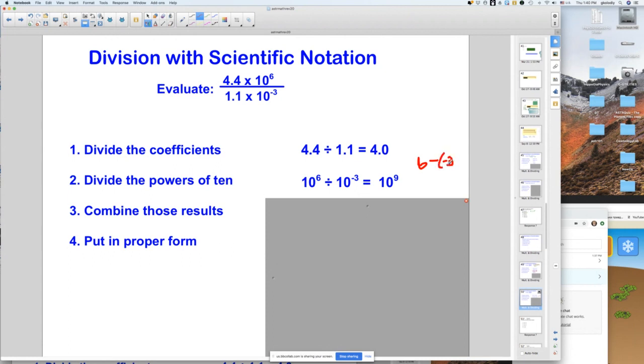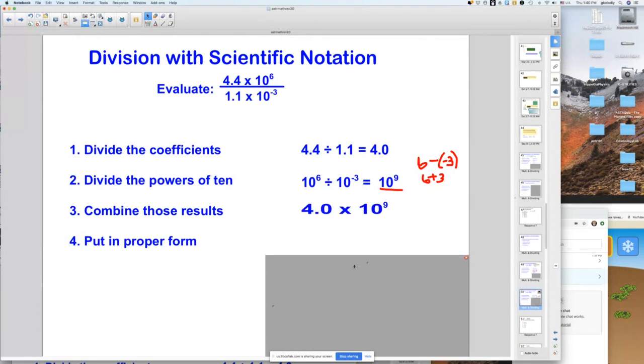And you know from 8th grade that minus a minus becomes plus. So basically it's going to be 10 to the 9th, as we see here. And this is already in proper form, so you have no further work here.